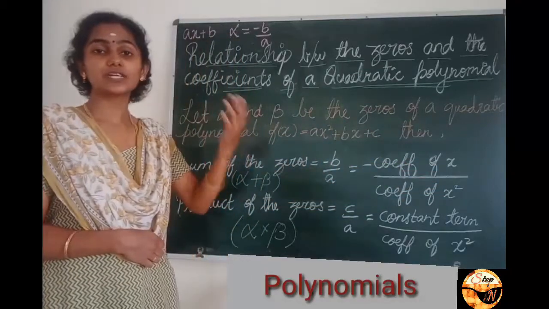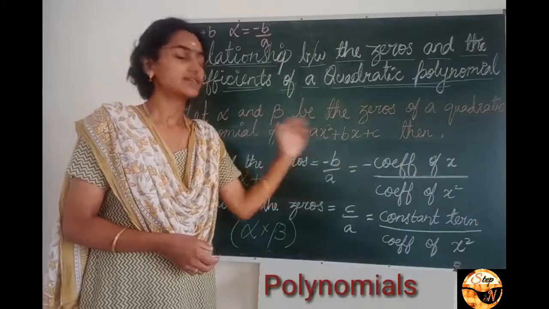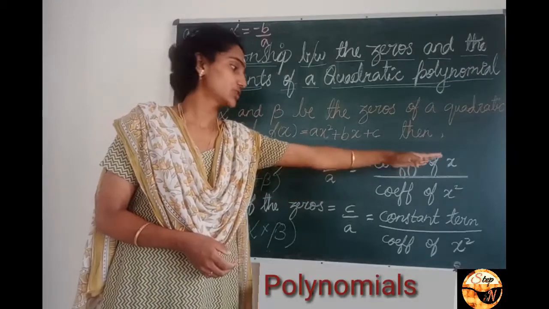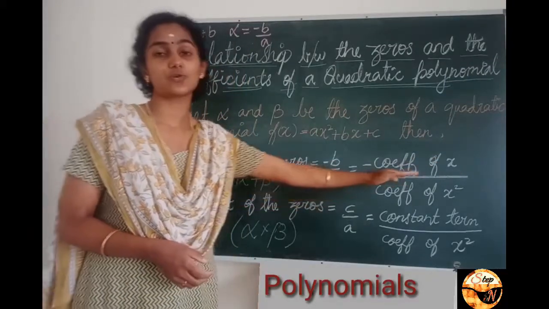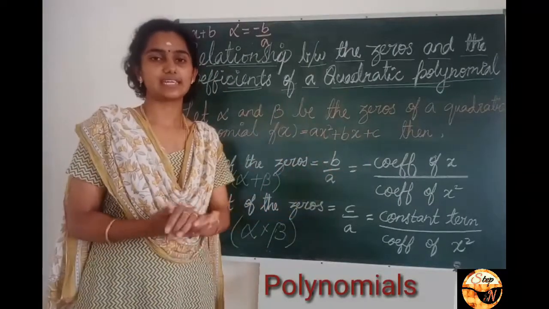So I repeat: the sum of zeros alpha plus beta is equal to minus b by a, which is minus the coefficient of x by the coefficient of x square. We are going to prove this in the next sum.